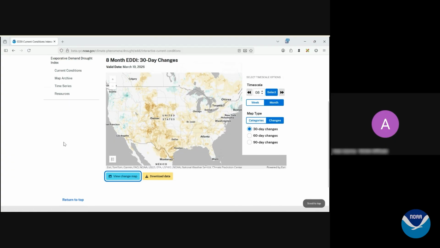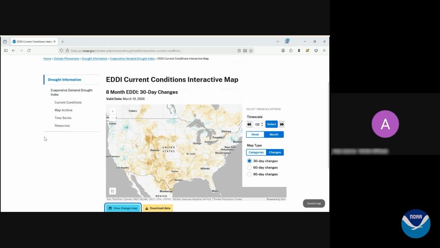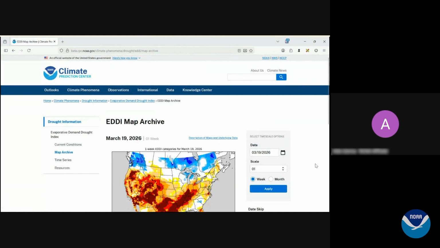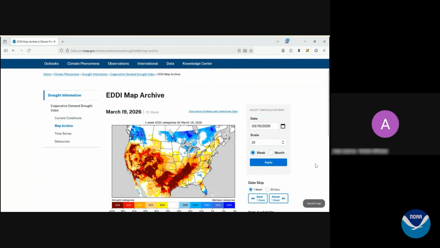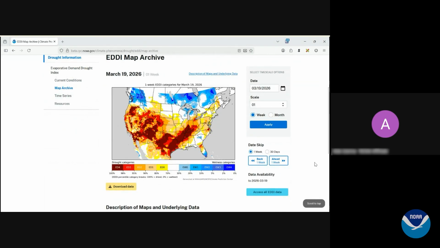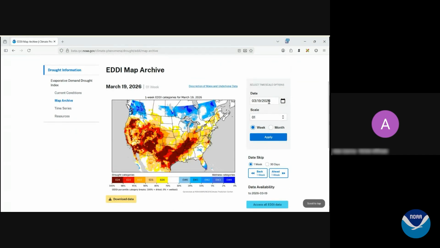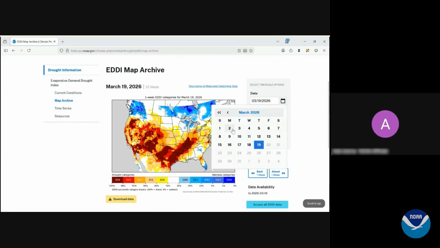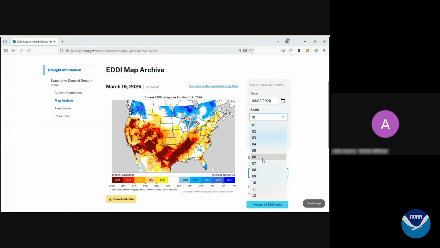So then the next section is the EDDI map archive. And basically this is just an archive that allows the user to go back and retrieve older category maps. There's a date picker here where you can go and click previous dates and then select different timescale options.